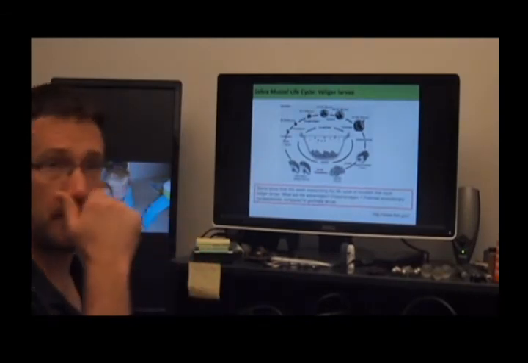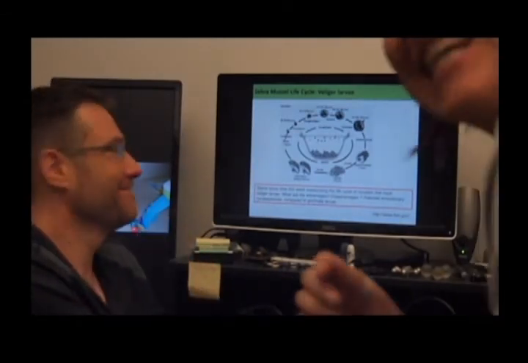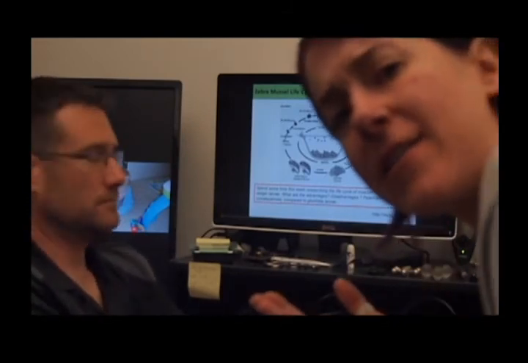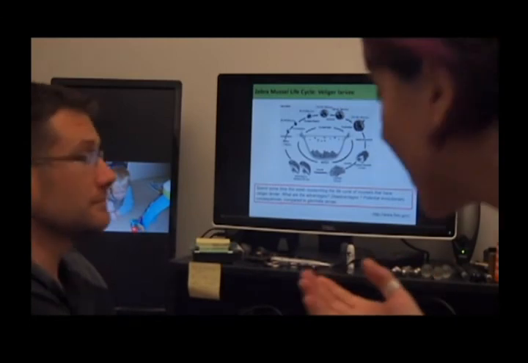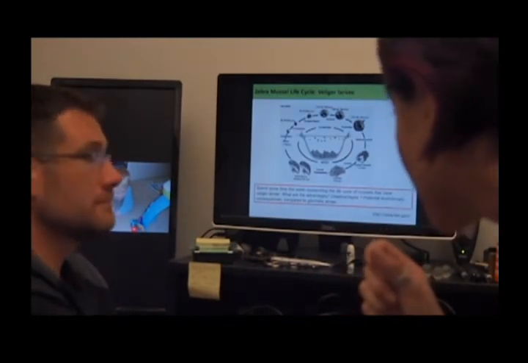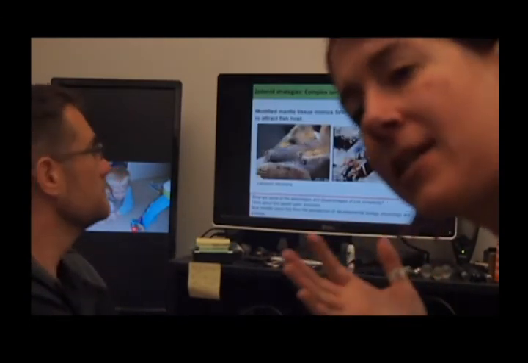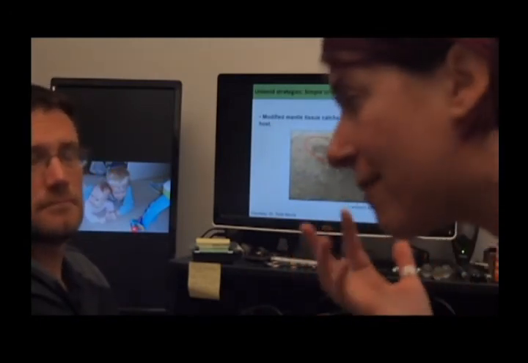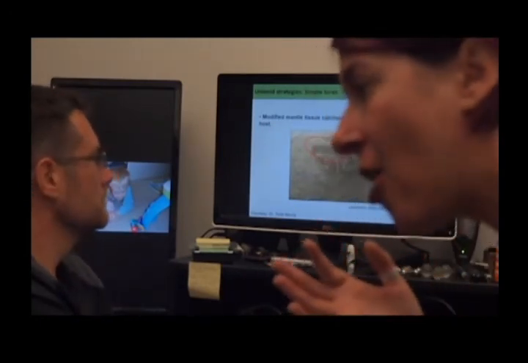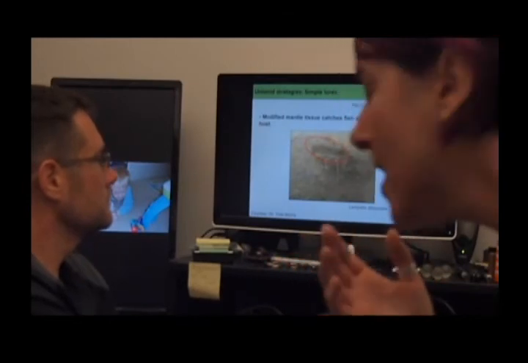One of the things that one of you asked at the end of class was, what's the difference between a simple and a complex lure? And it's a really good question because it's probably not super obvious, but what we mean by simplicity and complexity has to do with the amount of tissue or the diversity of cells that are put into the lure.